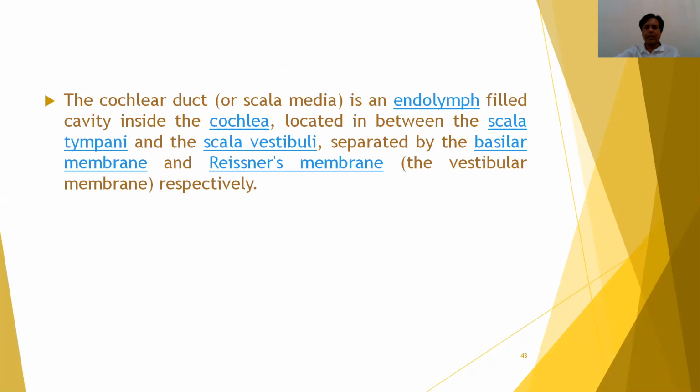The cochlear duct or scala media is an endolymph cavity inside the cochlea, located in between the scala tympani and the scala vestibuli, separated by basilar membrane and vestibular membrane respectively. Scala media houses the organ of Corti.